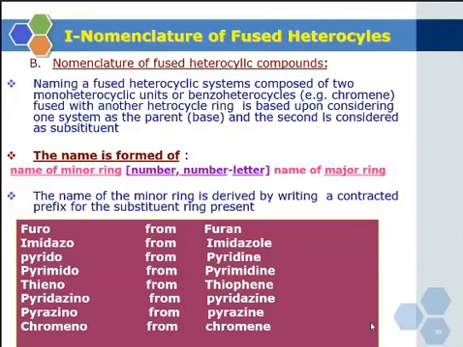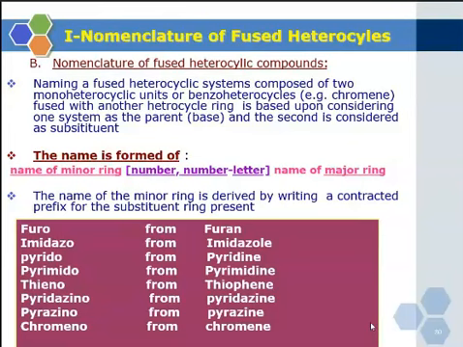Next, let us see the nomenclature of fused heterocyclic compounds. Naming a fused heterocyclic system composed of two monoheterocyclic units or benzoheterocycles, such as chromene, fused with another heterocyclic ring, is based upon considering one system as the parent or the base and the second as the substituent.